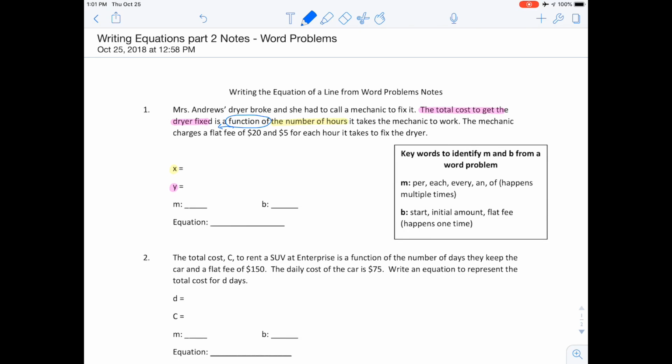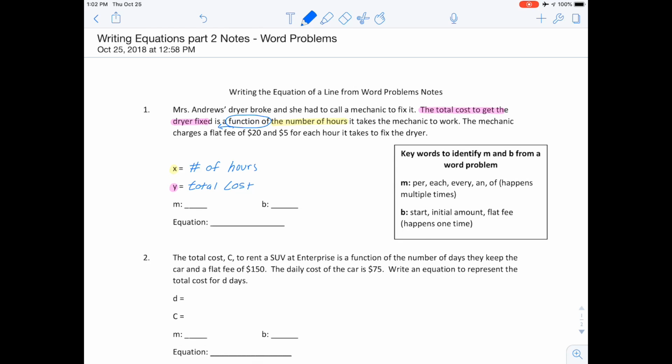Whatever comes after it is your domain or your x values. So right here, the first thing I'm going to do is identify my variables. So I've already highlighted. Yellow is my x, and that is the number of hours. And then pink is my y, and that is the total cost.